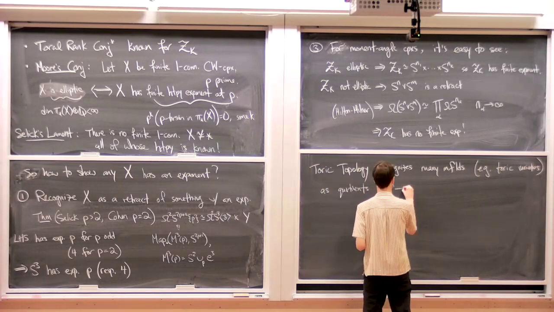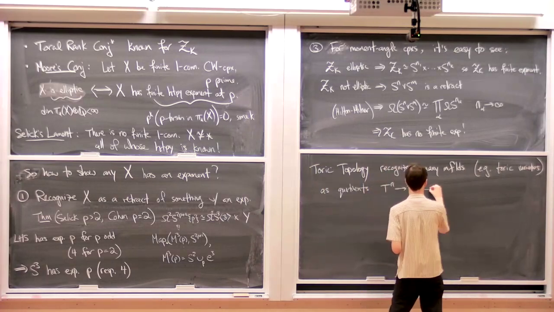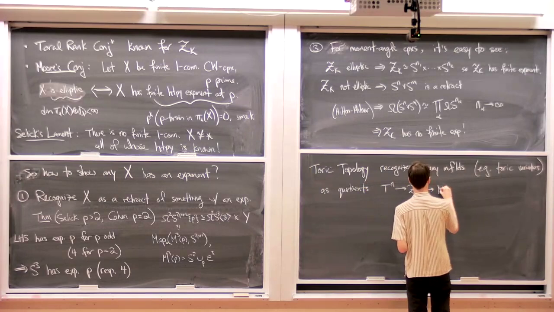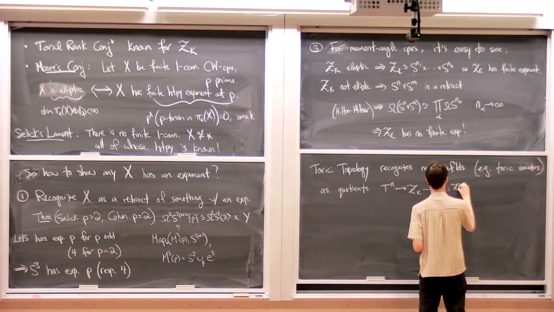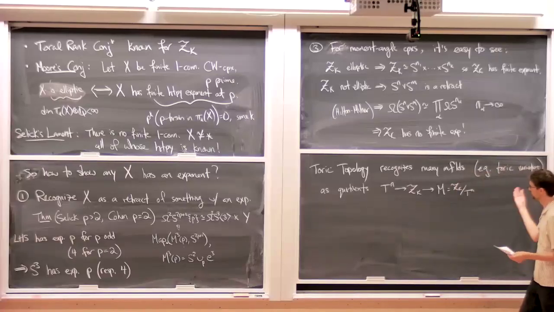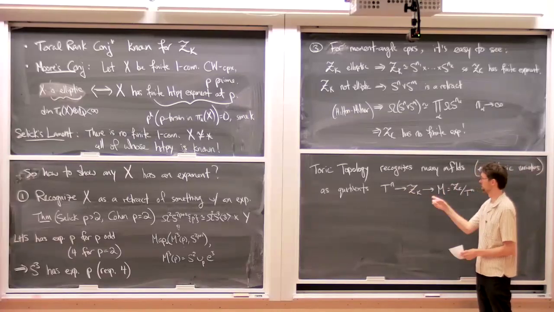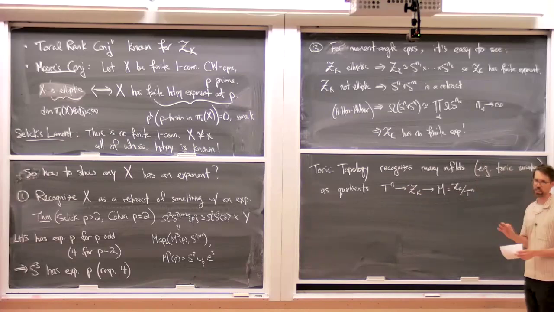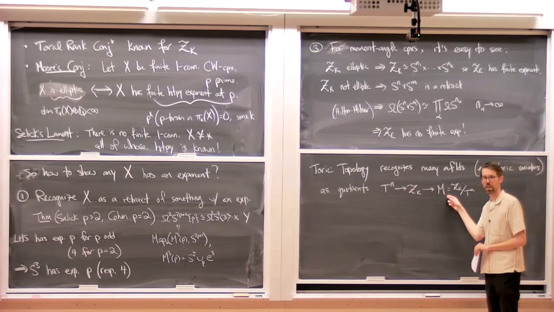Let me just say this. So from the long exact sequence in homotopy, a free action, yes. We'll get into the details in a bit, but even if it wasn't a free action, this is a homotopy fibration.